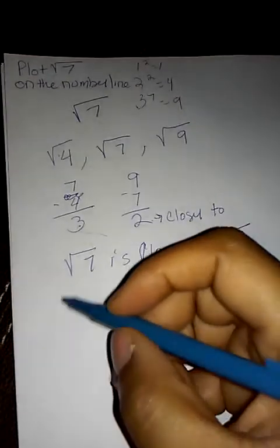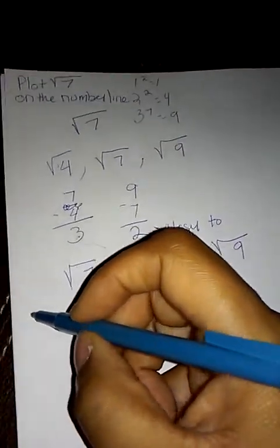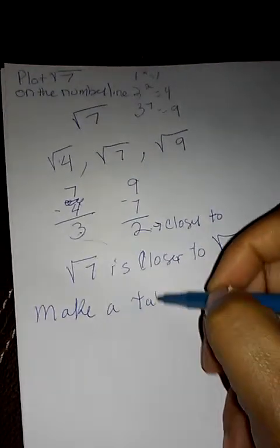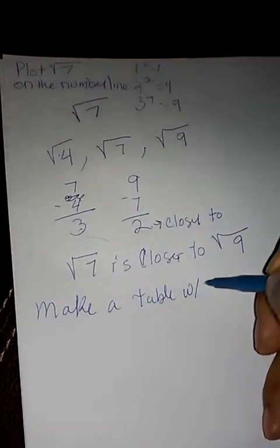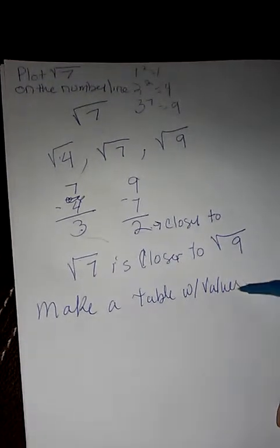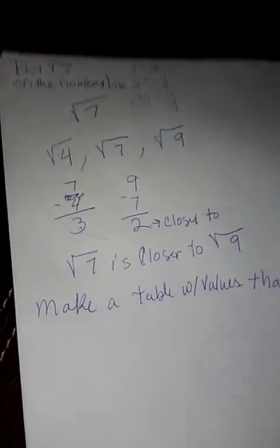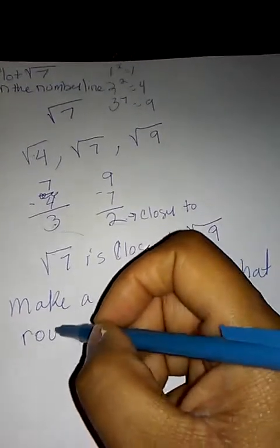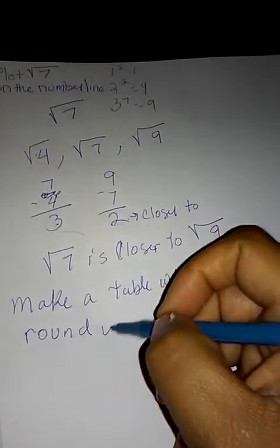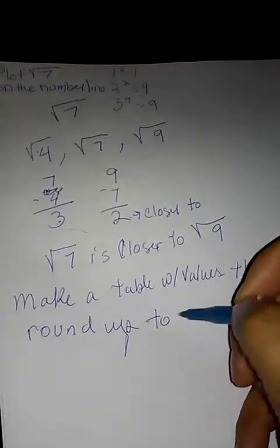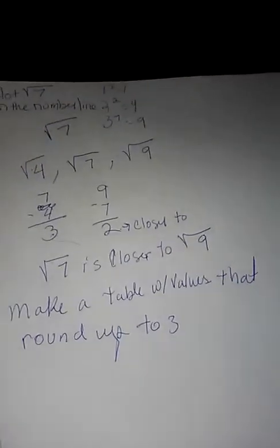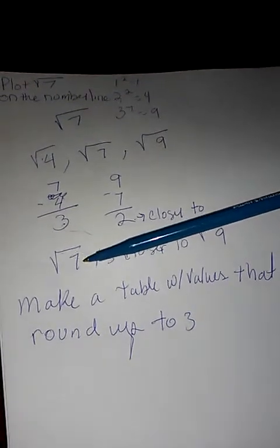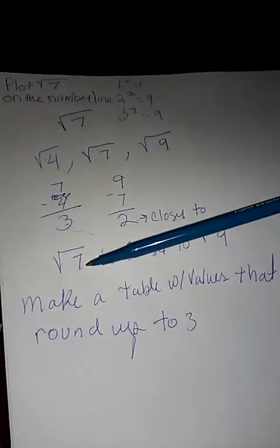Okay. So we're going to make a table with values that round up to 3. And let me explain why. We're looking for two numbers that are the same that we can multiply together to get 7.